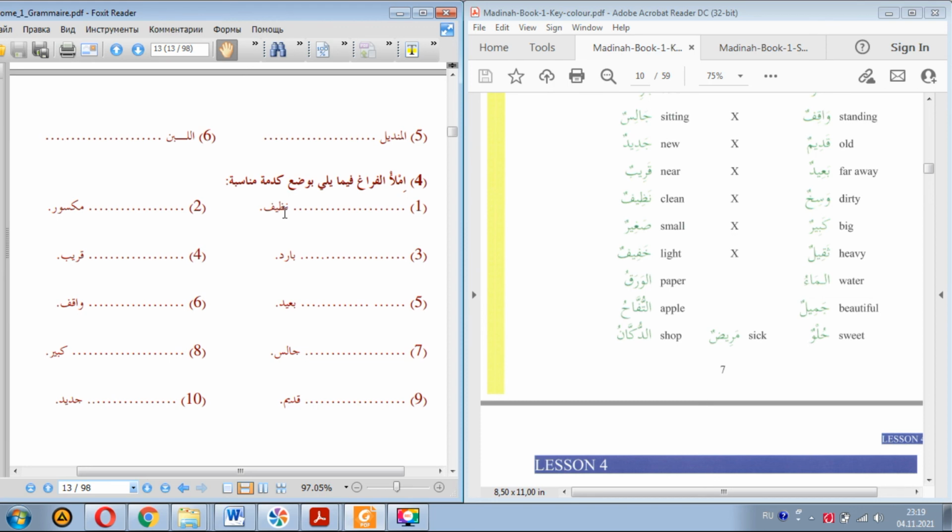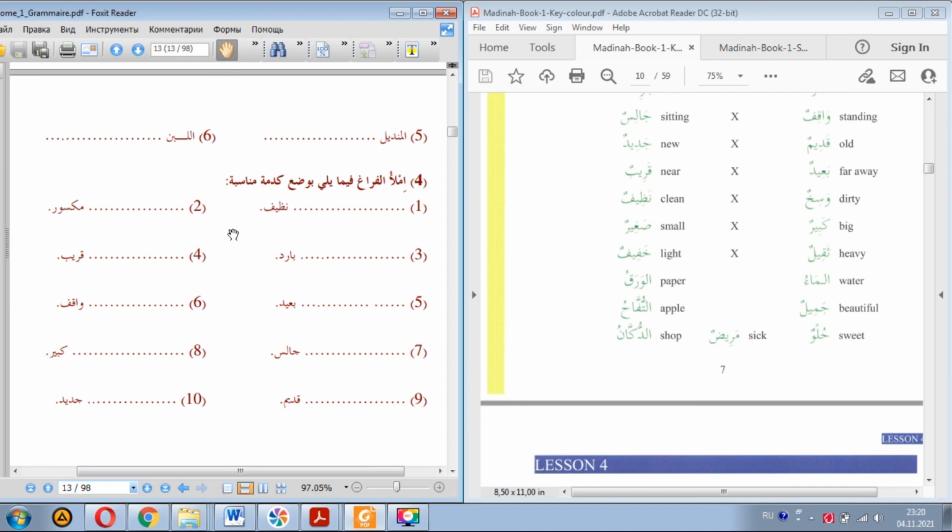Nadifun, it means the opposite of dirty, which means clean. We can say al-qamisu nadifun. Maksurun. What could be maksurun? Broken. We can say al-qalamu maksurun. We can say al-kursiyu maksurun. The chair is broken.